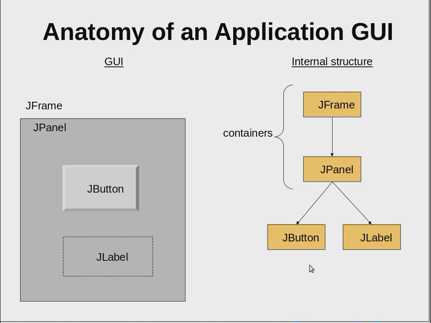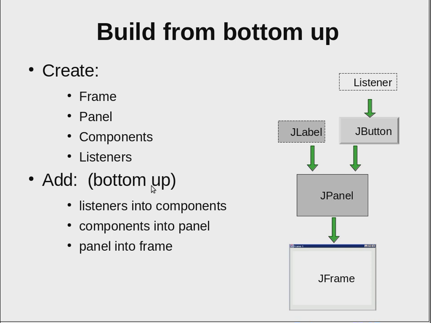And here is a pseudo class diagram on the right, which is a wrong class diagram, because in general here you should see a diamond at this end, nothing else here. So JFrame contains JPanel, which contains JButton and JLabel, and this is how it may look in a graphical interface.